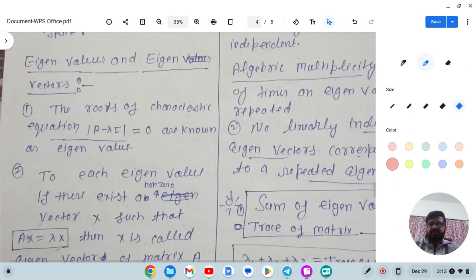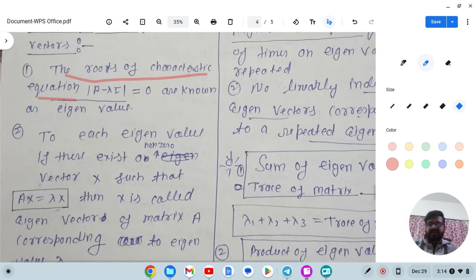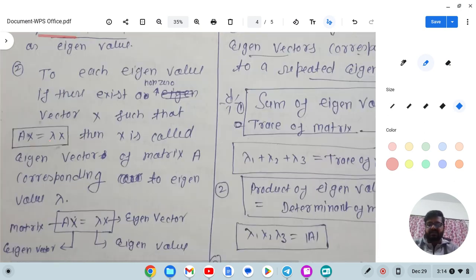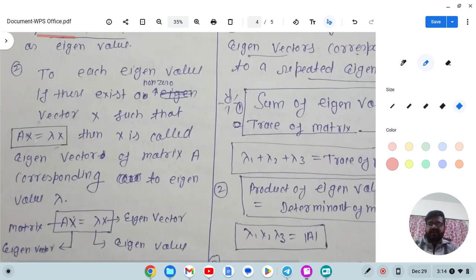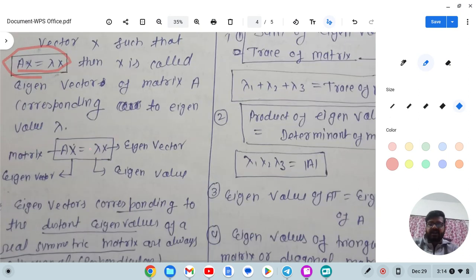The roots of the characteristic equation determinant of A minus lambda I equal to 0 are known as eigenvalues, and each eigenvalue will have its eigenvectors. So after solving this, we will find the eigenvalues, and after this we will find the eigenvectors.